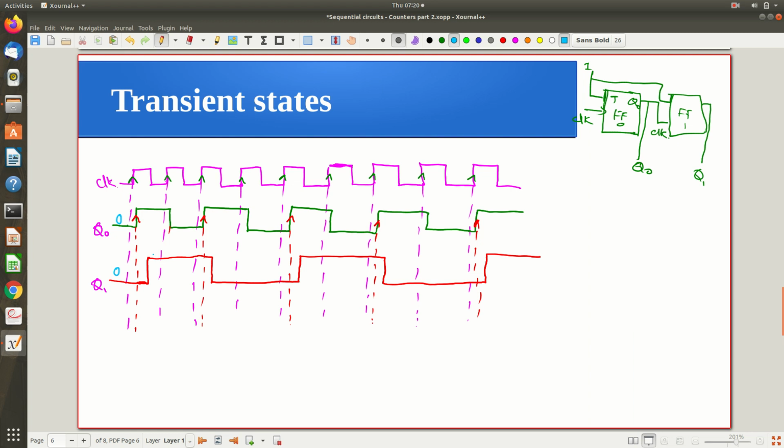What about Q1? Q1 is also changing to 1. But now the interesting thing is, in between, see this small window, how can I highlight it? So everywhere I am highlighting some portion like this. This portion. You just observe this.